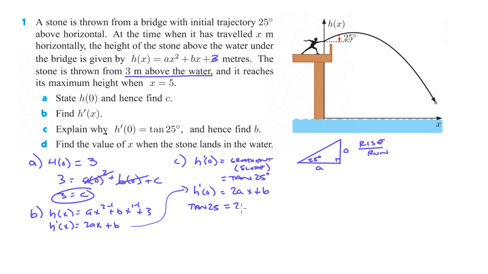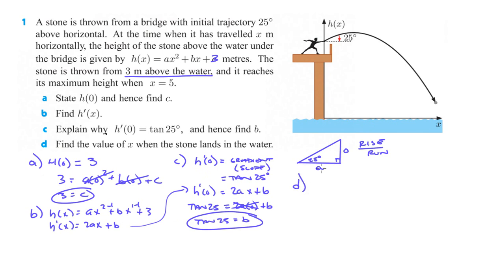And when we've got 2a and we plug 0 in for x, that's gone. So therefore b has to be tangent 25. Okay, so now we've got the b and the c. Okay, and then part d, find the value of x when the stone lands in the water.